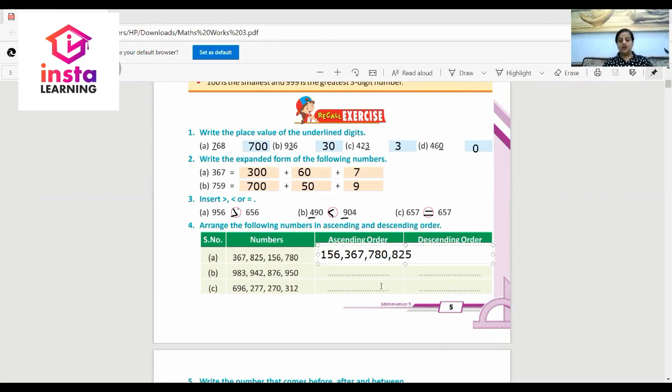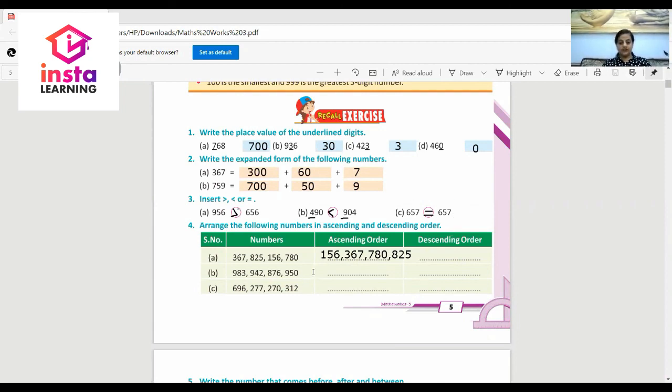This is called ascending order. And when we do it just opposite, first we will write 825, then 780, then 367, then 156. It means it is descending order.